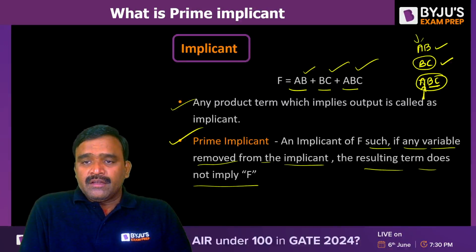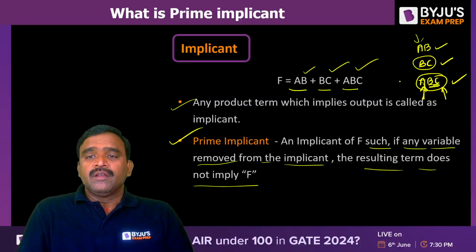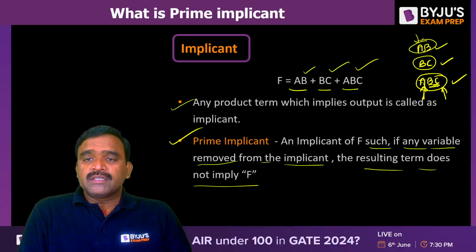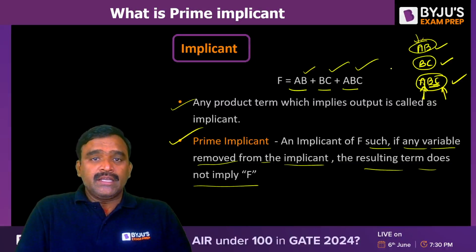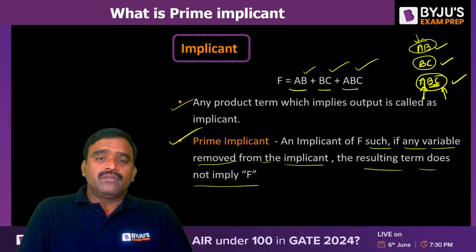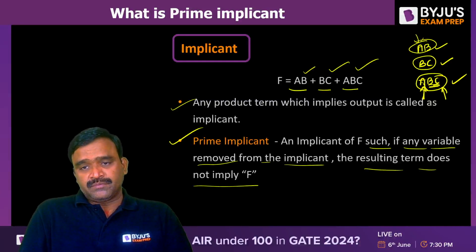If I remove the term AB, BC still implies the function F. Or if I remove C, AB still implies it. So that means ABC is not a prime implicant, but AB and BC are prime implicants. If any variable is removed from AB or BC, you won't get the implication of the total outcome of the function.